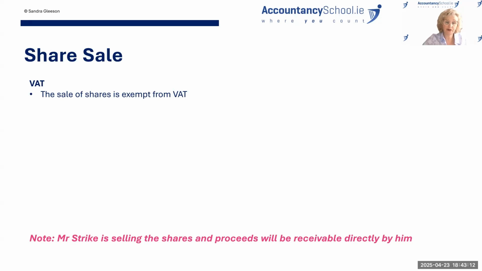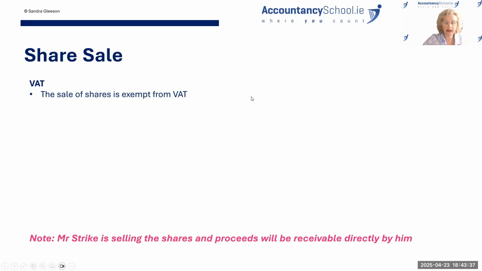In your exam, don't forget that there's marks going for stating that there are no tax implications. Okay. The next tax head that you might think of is stamp duty, but that's not Mr. Strike's concern. That's the purchaser's concern. So here's where you're not going to get marks for talking about there being no stamp duty because it's not one of the tax implications for Mr. Strike.